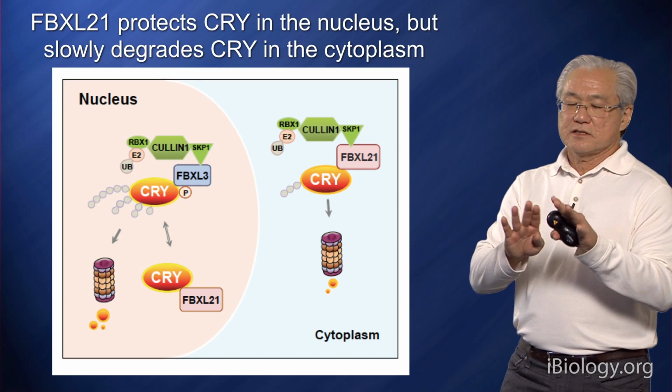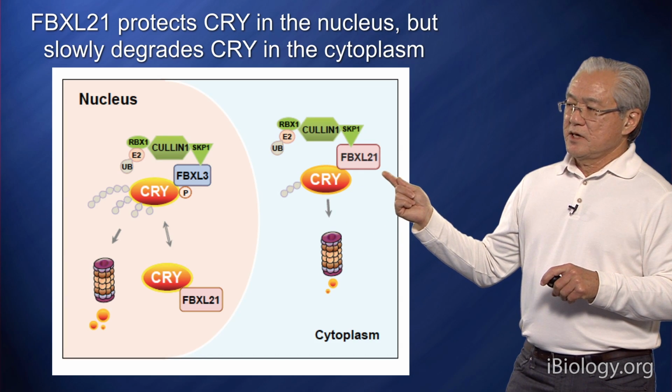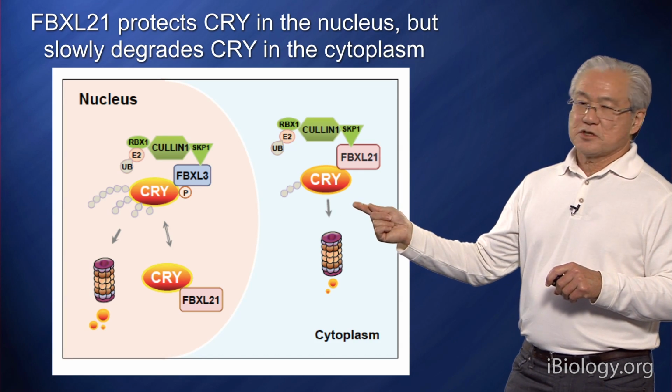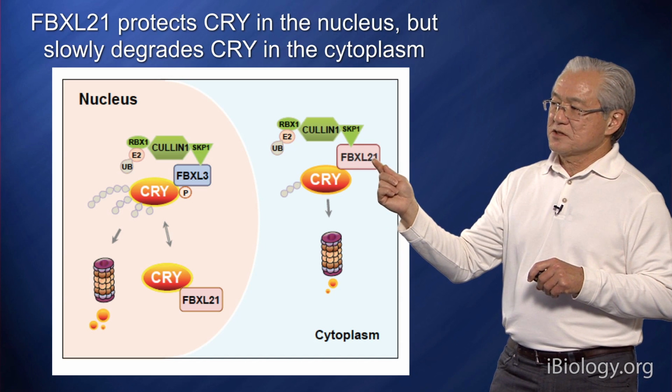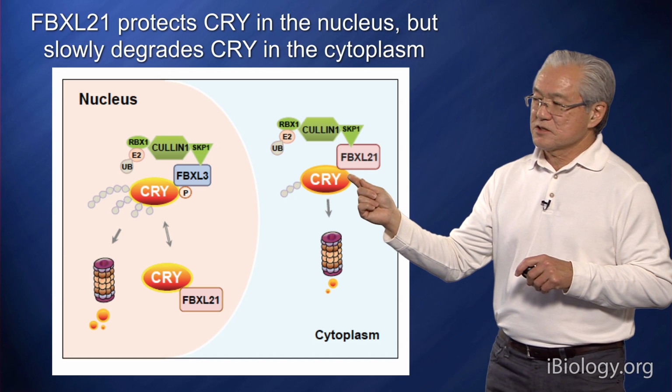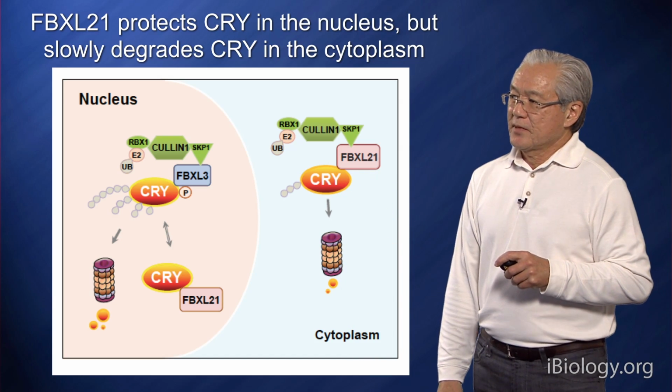So they're counterbalancing there. But the surprise is in the cytoplasm, FBXL21 still degrades cry, but it does so more weakly than FBXL3.